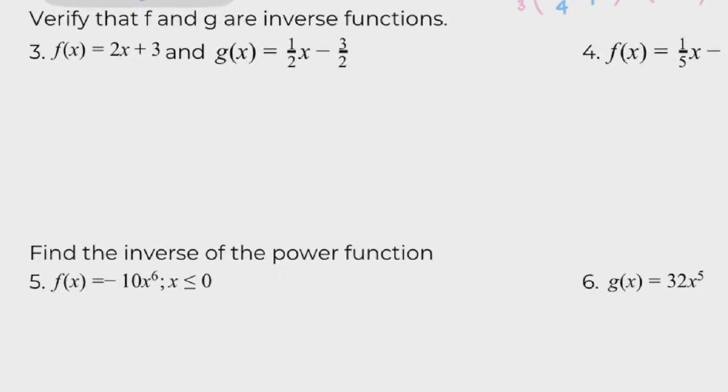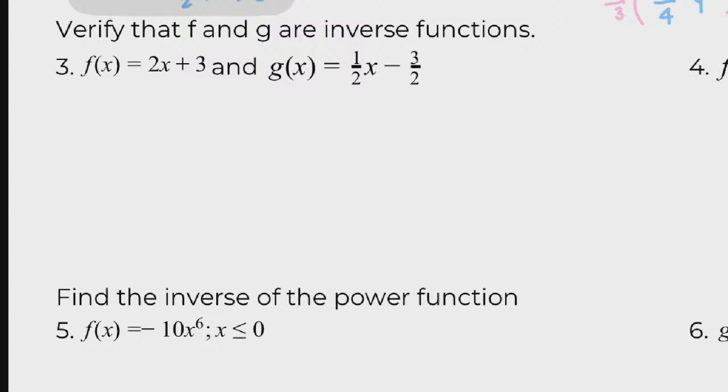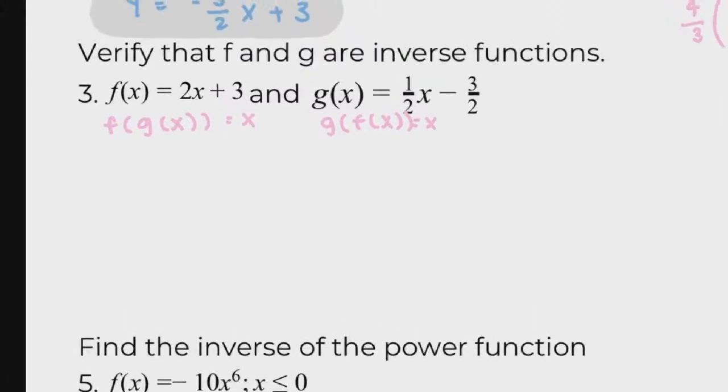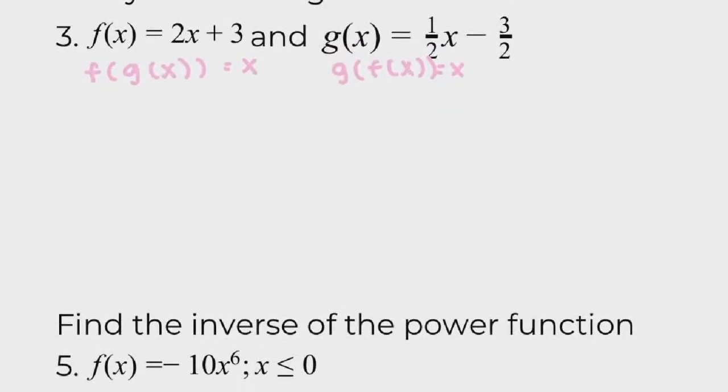Okay, number 3 and 4, we want to verify that f and g are inverse functions. So what we want to do is prove that f of g of x equals x and g of f of x also equals x. So for this one on the left, that just means we're going to replace all the x's in f with g of x.